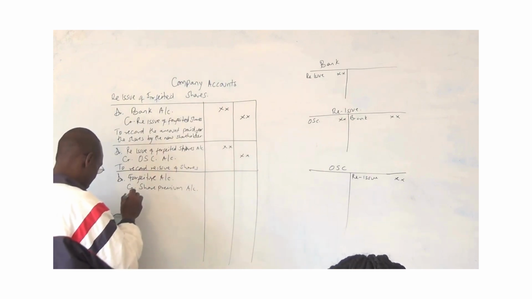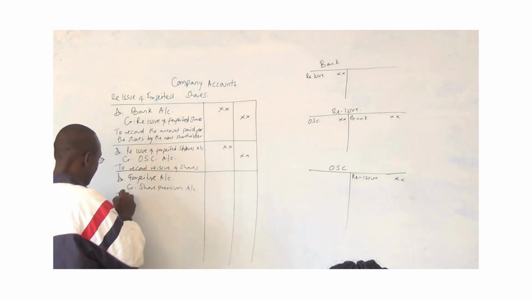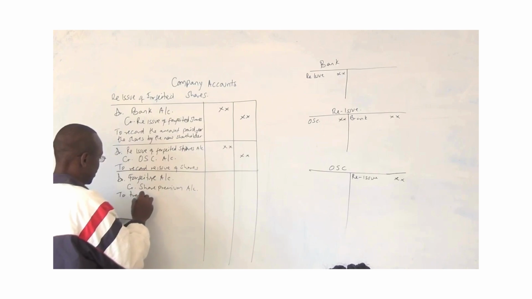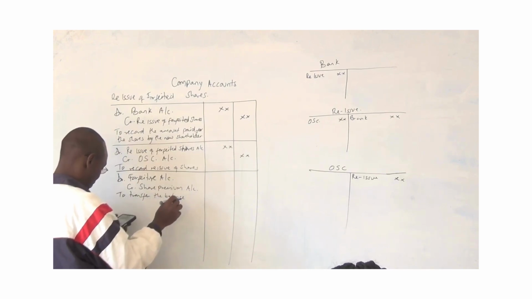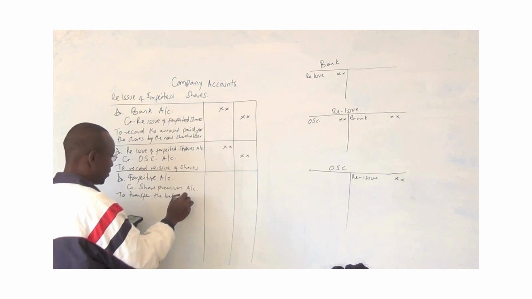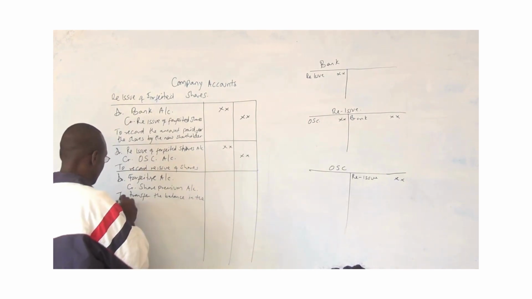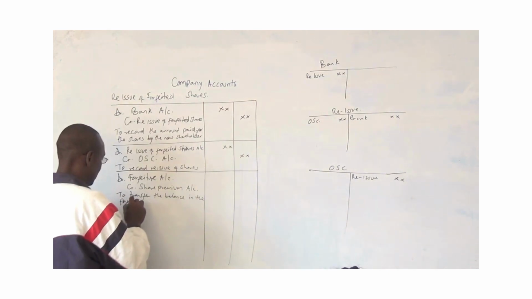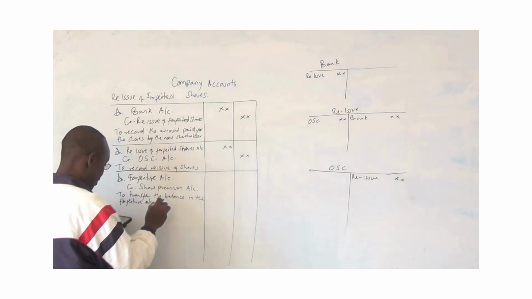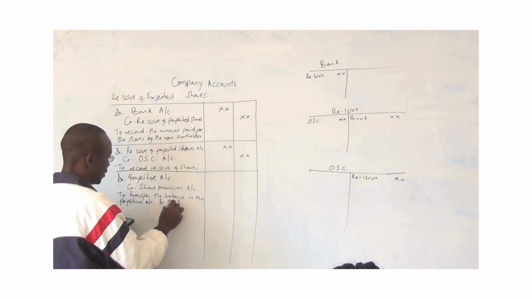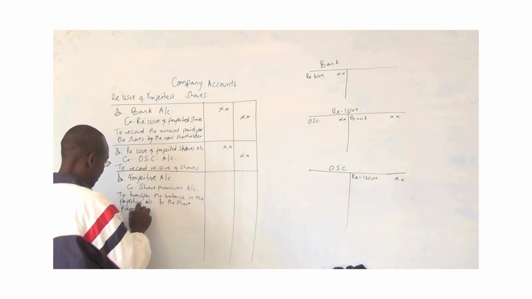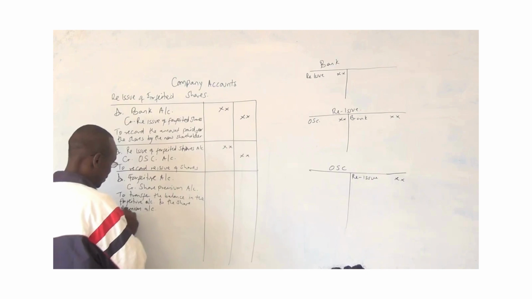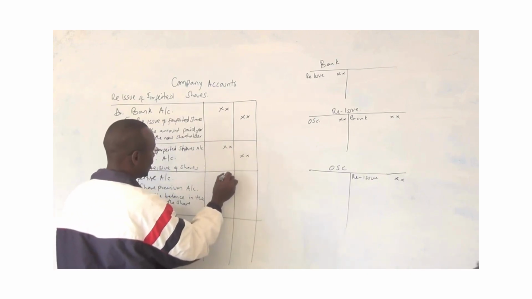This one is to transfer the balance in the forfeiture account to the share premium account. Here.